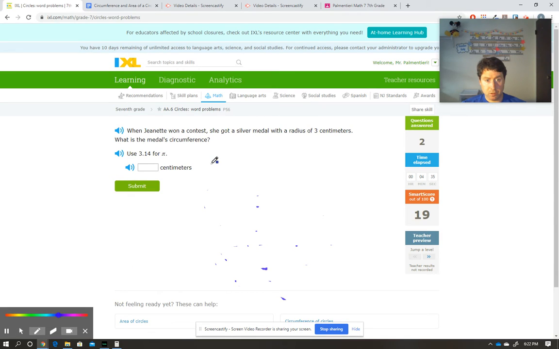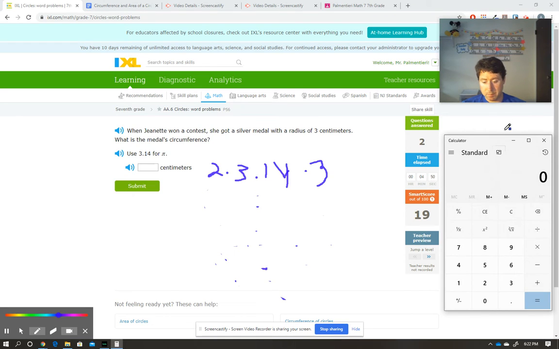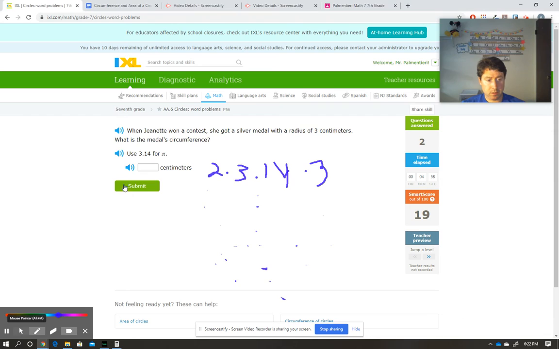So I'm going to do 2 times pi, so 2 times 3.14, and I'm going to multiply that by 3. Don't mind the handwriting thing here. Okay, so I can type that in my calculator. 2 times 3.14 times 3. There's my answer right there, 18.84.